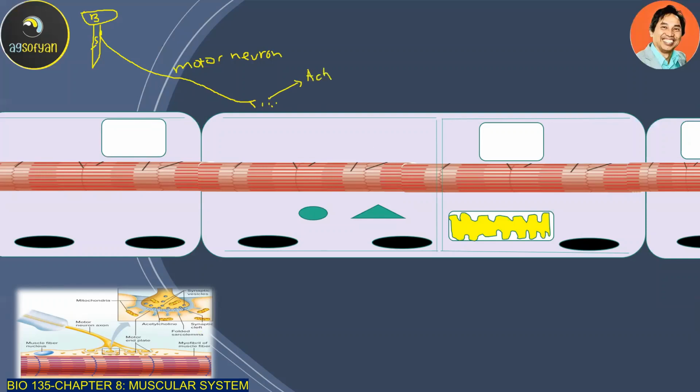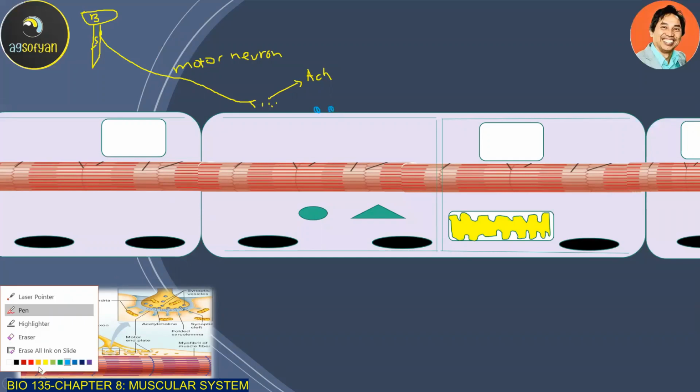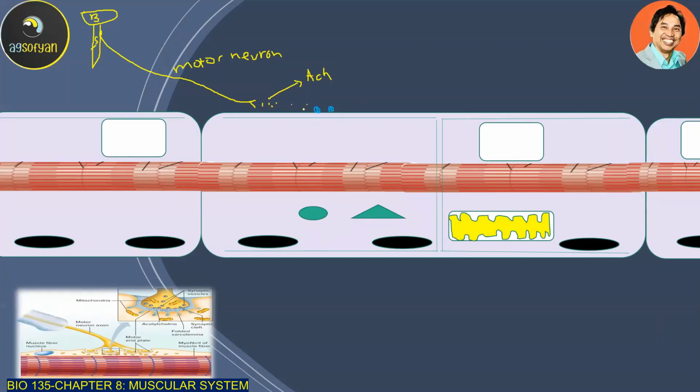Okay, now on the muscle tissue, a muscle cell, there will be a receptor for the neurotransmitter, for the acetylcholine. So whenever the acetylcholine binds to this receptor, it will open the sodium channel.